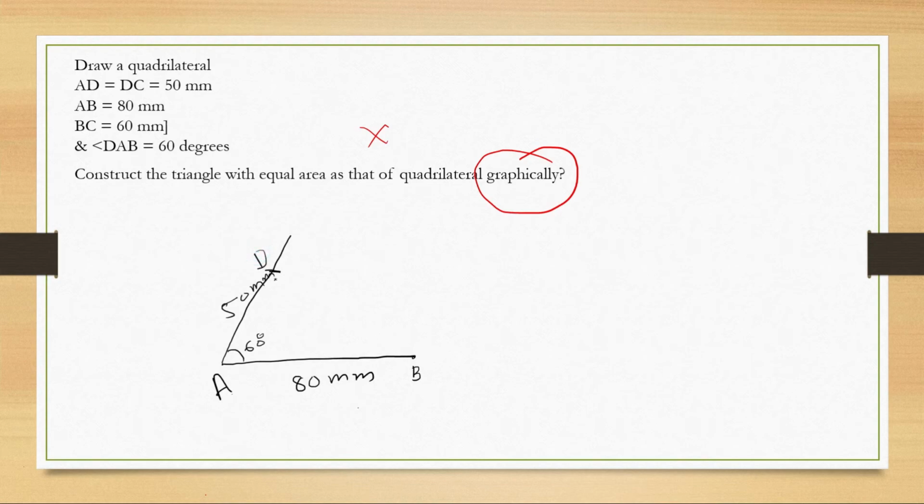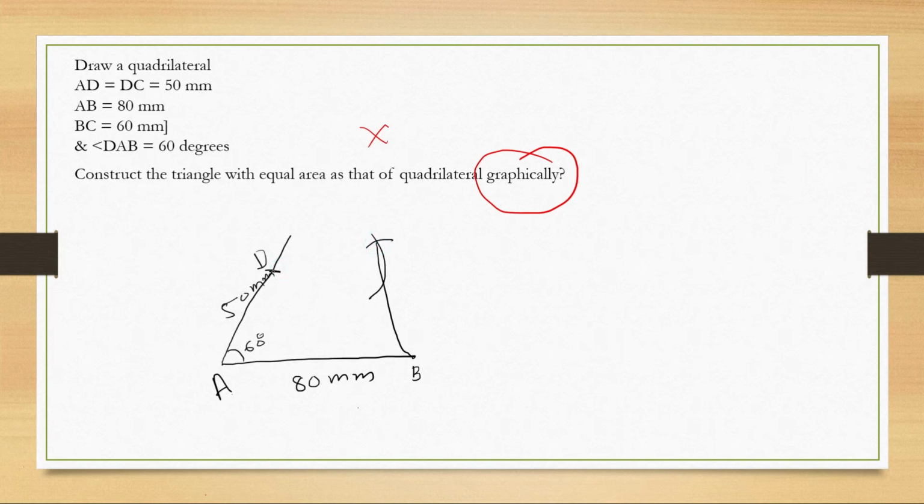Then the C point is DC, 50 mm away from D. We are going to use the compass for this, and from B the C point is 60 mm away. So we will use the compass for this, and this will look something like that, and then we connect them.